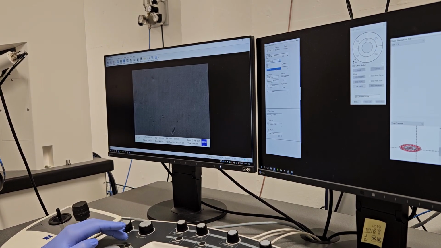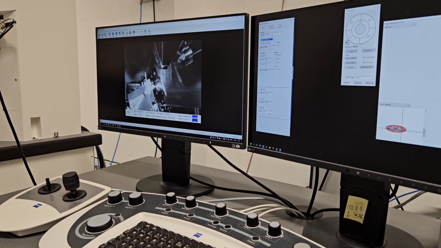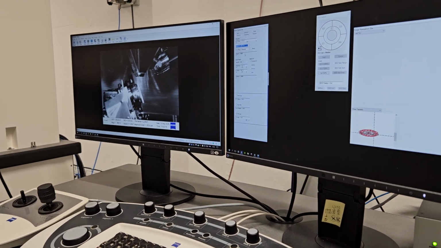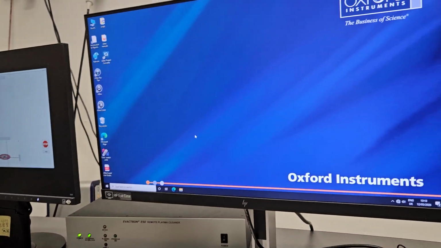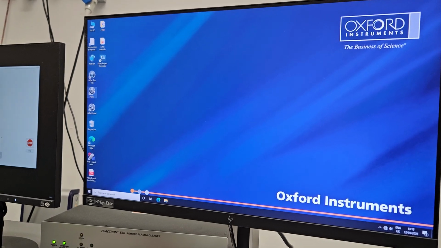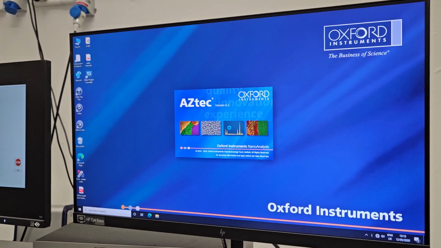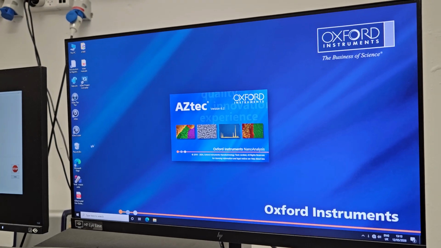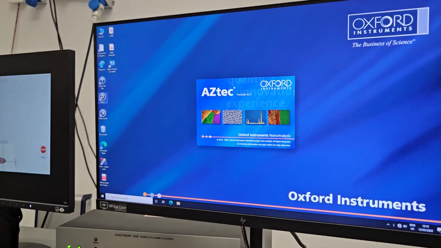You said the ideal distance is 8.5. I think this is the best we can do now, 13. And I don't think that we should collect EBSD patterns anyway, because the surface is bad. So we need Aztec. Don't confuse Aztec Crystal and Aztec. It's the same for EDS. Okay.